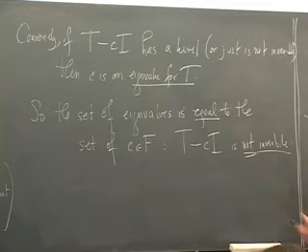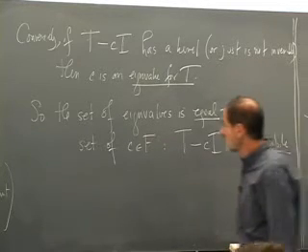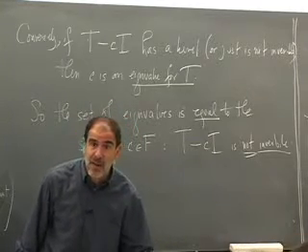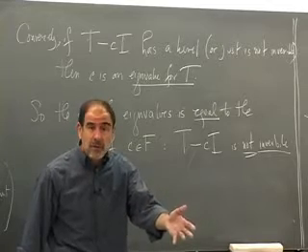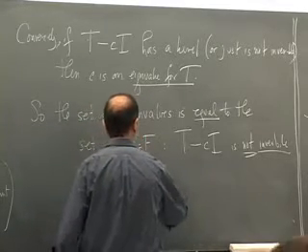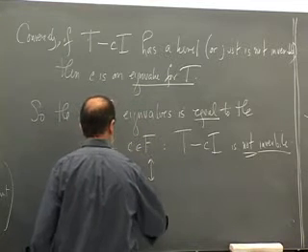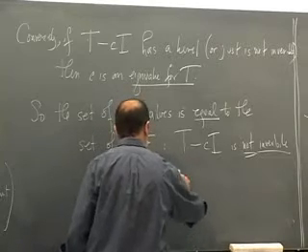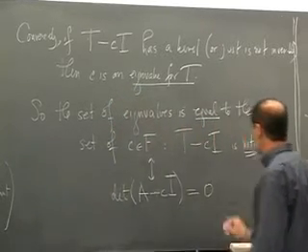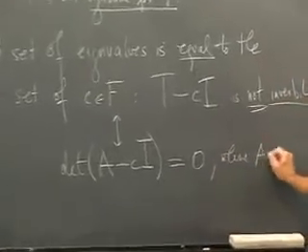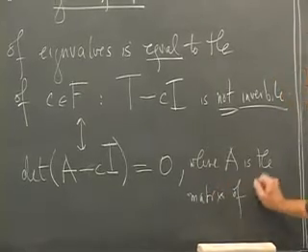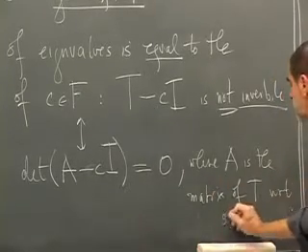Good. Now, how do I tell if an operator is not invertible? Well, I choose some basis for V and take its matrix. And I take the determinant of that matrix with respect to some basis of V. And if that determinant is 0, the operator is not invertible. So this is equivalent to the determinant of A minus C times I being equal to 0, where A is the matrix of T with respect to some basis.